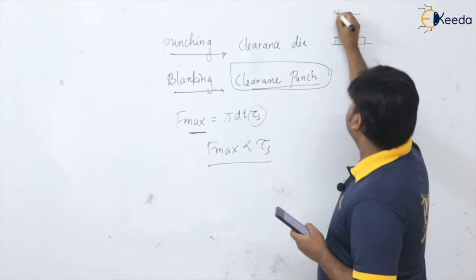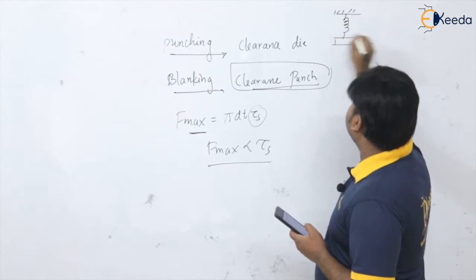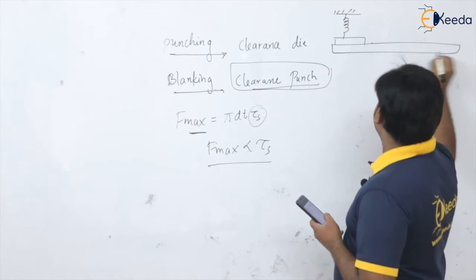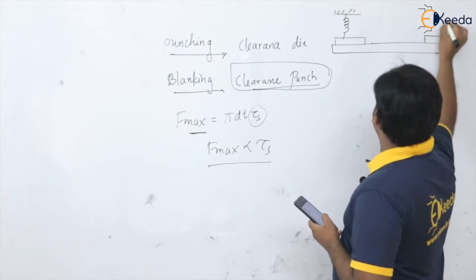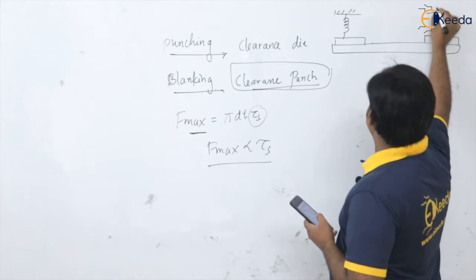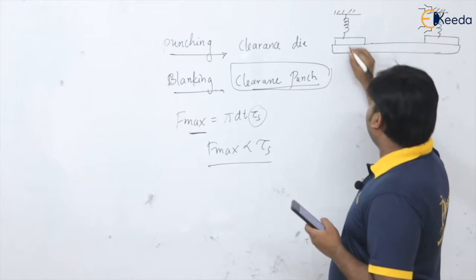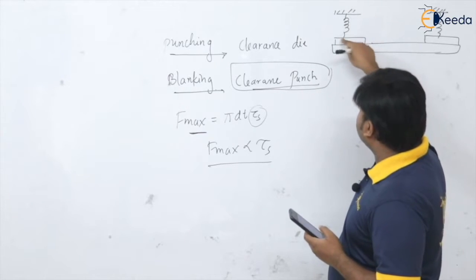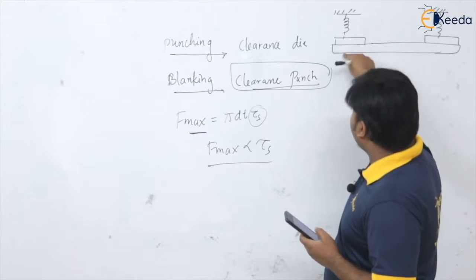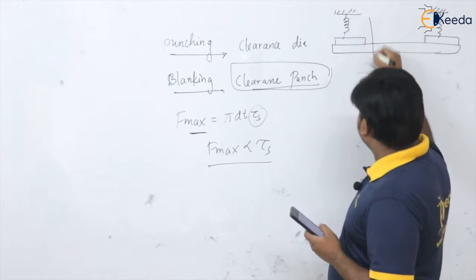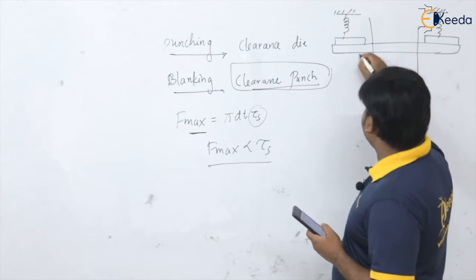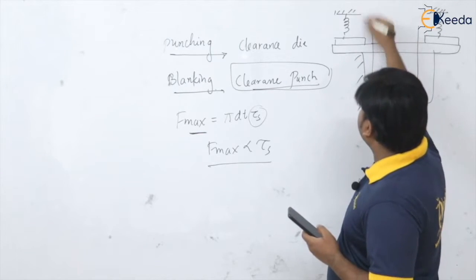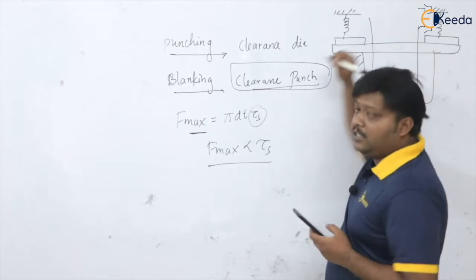These are the spring loaded stripper plates we use for holding the sheet, and the stripper force acts on the sheet while the punch goes inside the die and until it comes out to its original position.